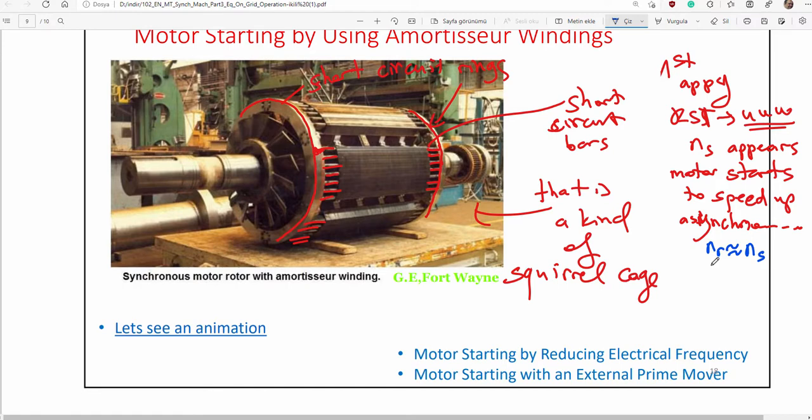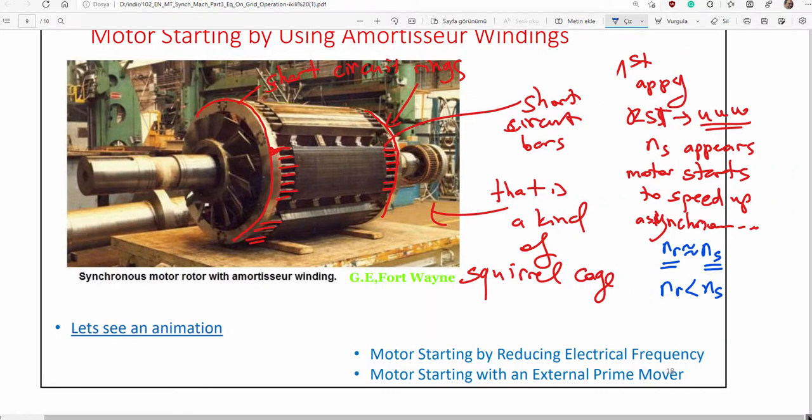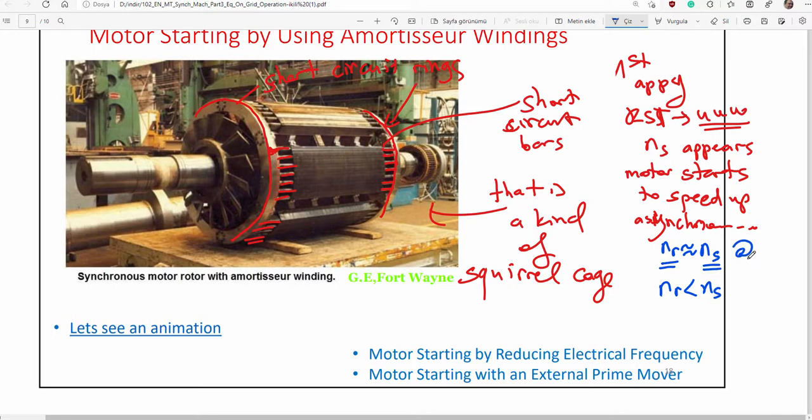So the machine rotor will tend to catch synchronous speed, but you remember rotor speed is always less than synchronous speed in an induction motor, but it is approximately equal, especially in the no load case. Again, if there is a mechanical clutch or a very low mechanical load during the startup, rotor speed will be very close to synchronous speed.